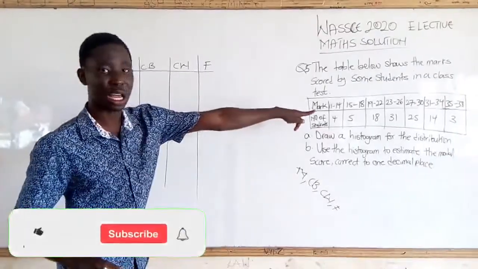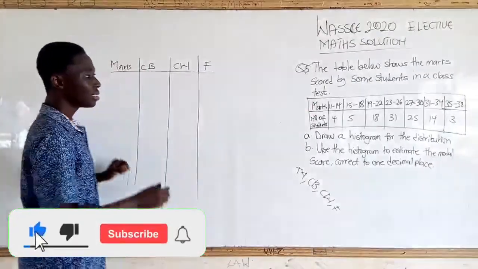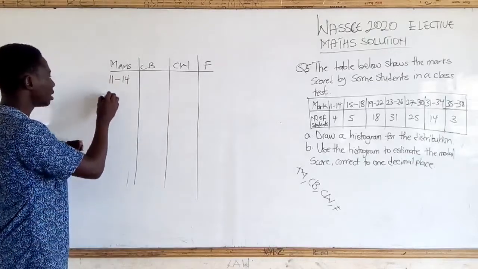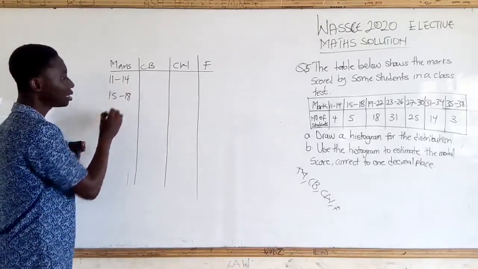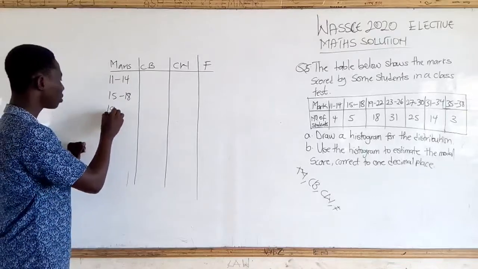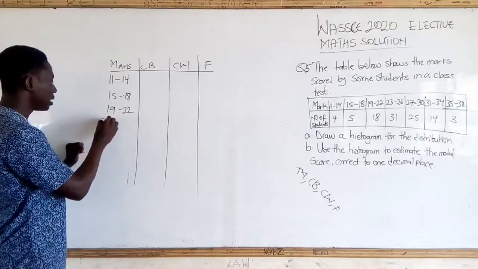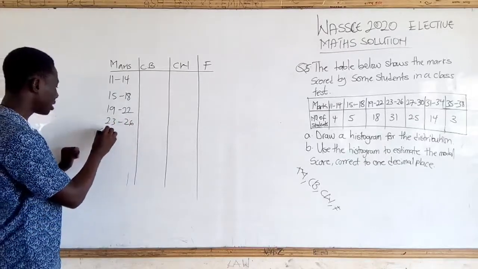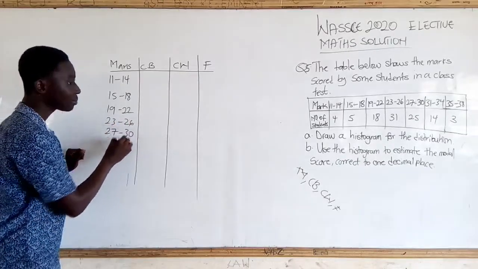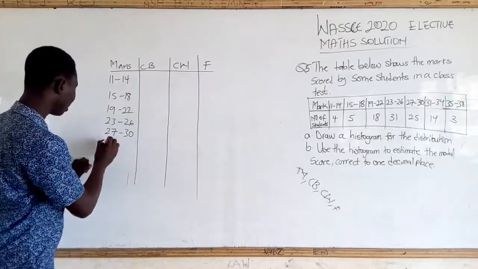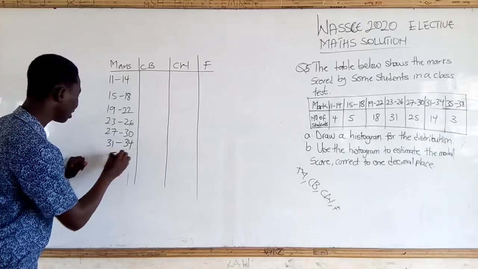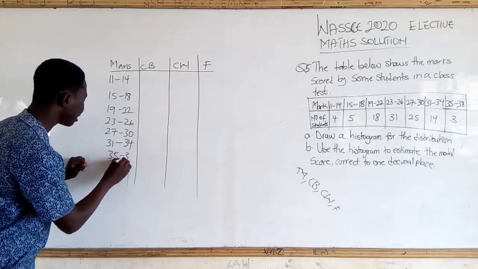So the mass is what we are having over here: 11 to 14, 15 to 18, 19 to 22, 23 to 26, 27 to 30, 31 to 34, and 35 to 38.